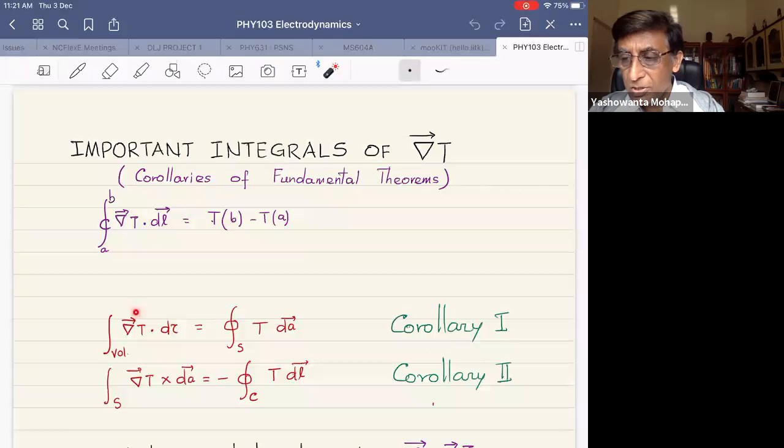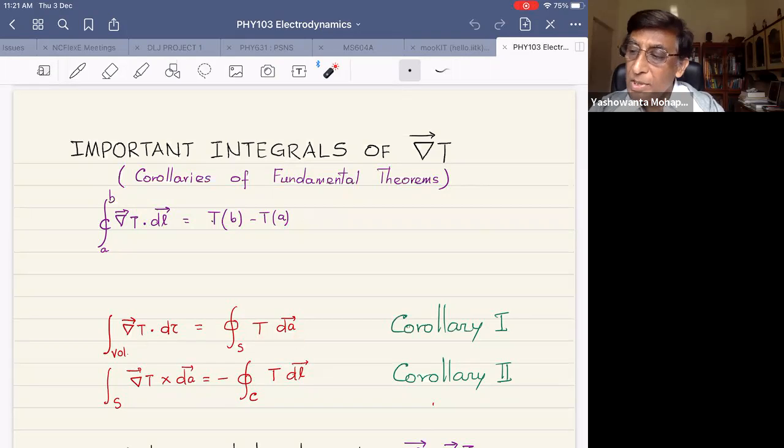So the volume integration of the gradient is equal to the scalar's value integrated over the surface. And so you see the involvement of dA here.